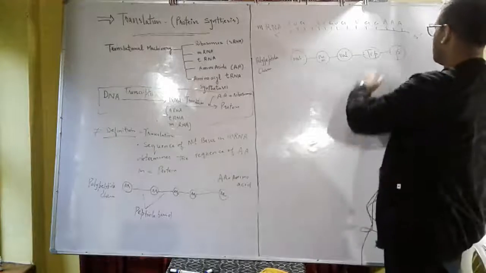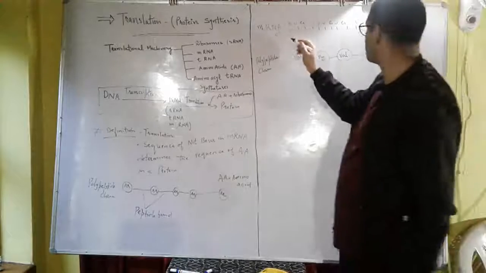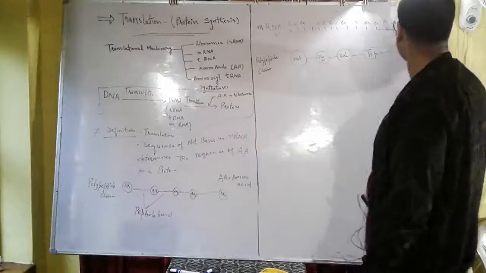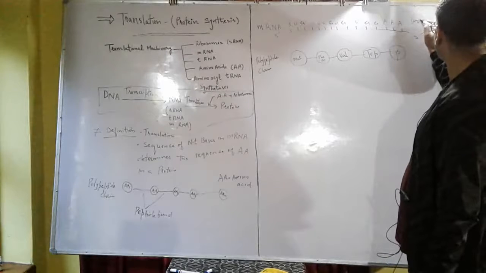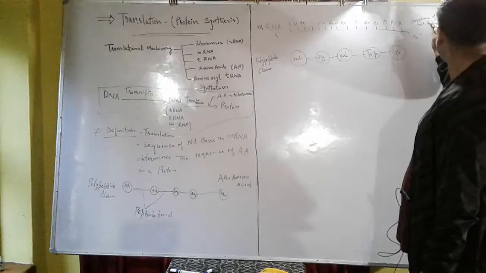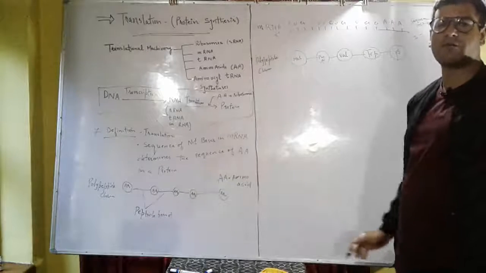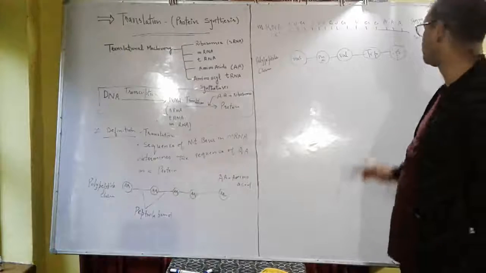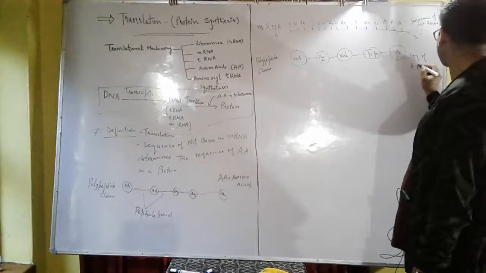So this is the polypeptide chain, and these are the amino acids. This is the sequence of nitrogen bases, and this is a polypeptide chain with a particular sequence of amino acids.